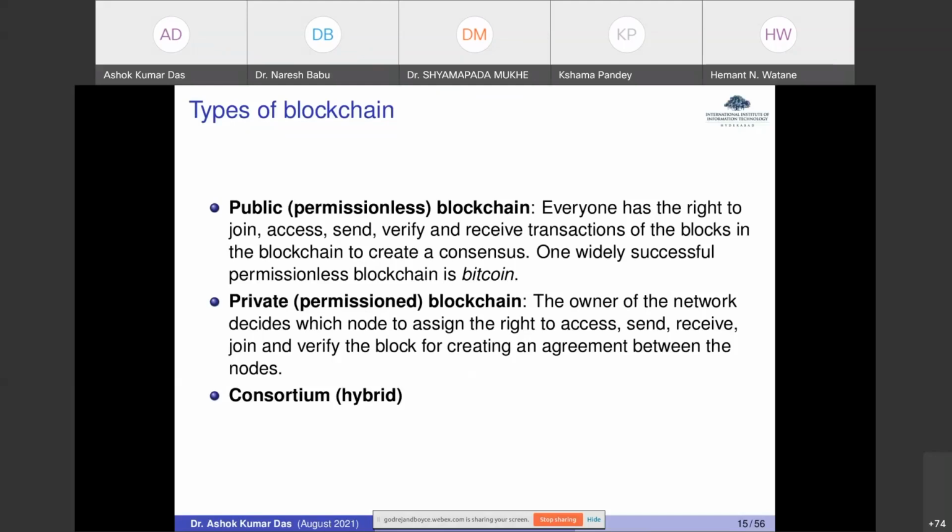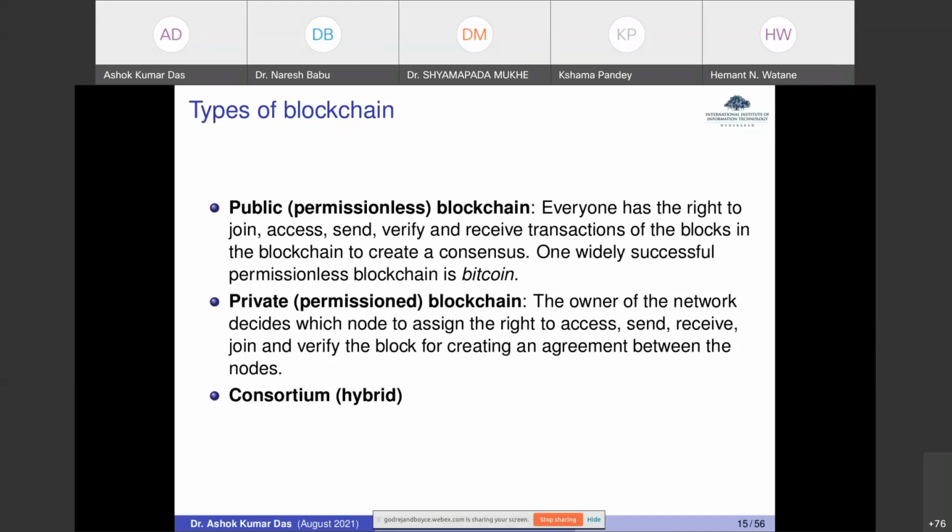One of the wildly successful permissionless blockchains is Bitcoin, a cryptocurrency. For example, traditionally, suppose Alice wants to send some money, say X dollars, to Bob. Then in the traditional way, Alice has to do the transaction through a trusted third party known as a bank. But in the case of Bitcoin, that third party is not involved in the communication.